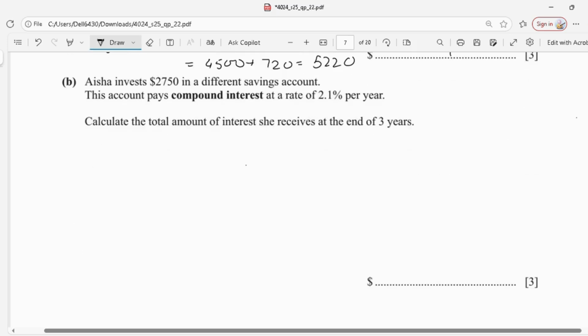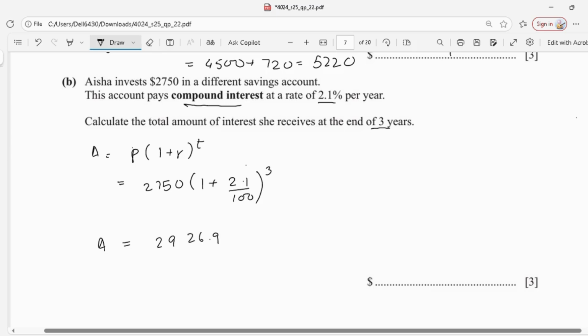Now the next part is: Aisha invests $2,750 in a different savings account. This account pays compound interest at the rate of 2.1% per year. Calculate the amount of interest she received at the end of 3 years. The formula for compound interest is A equals P into (1 plus rate) to the power T. Here P is 2750, the rate is 2.1% and the time is 3 years, T is equal to 3. So A will be approximately 2926.9.